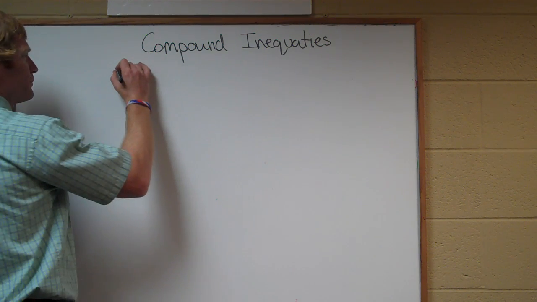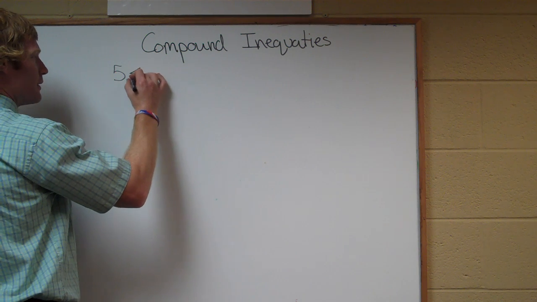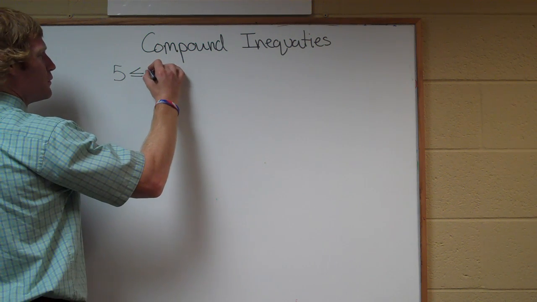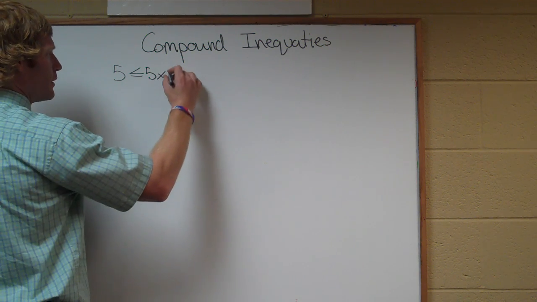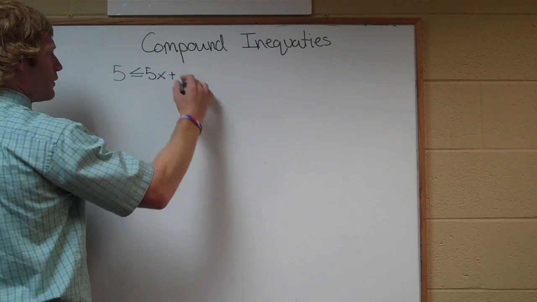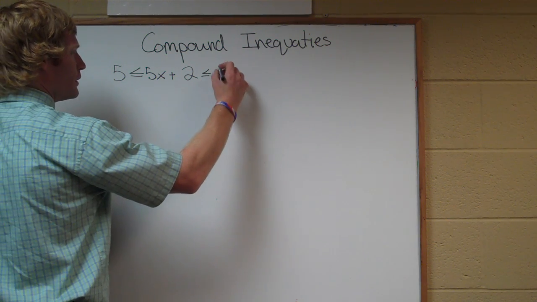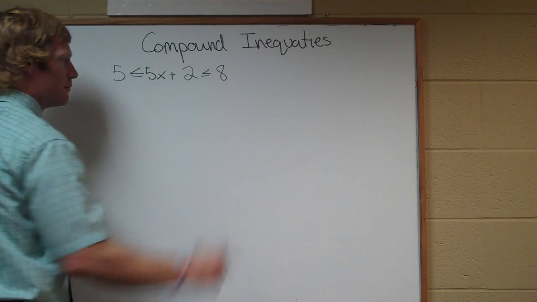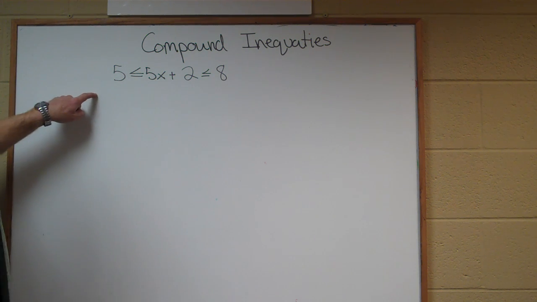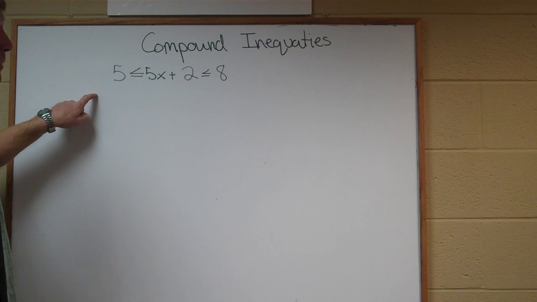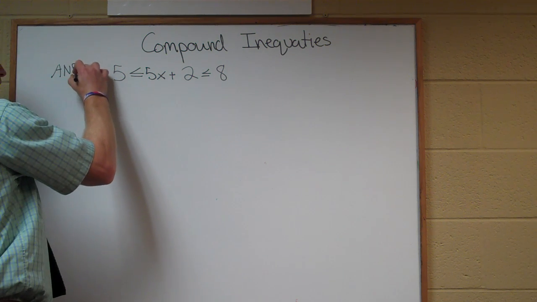Let's go with 5 is less than or equal to 5x plus 2, which is less than or equal to 8. Noticing it's one full between statement, I'm going to recognize that this is an and statement.